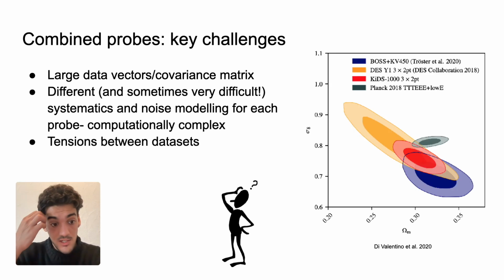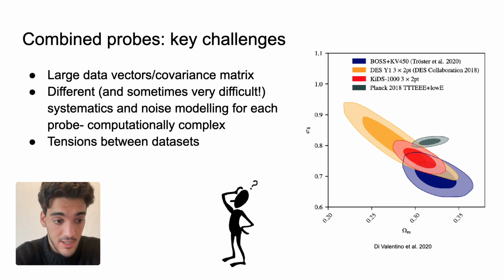So what are the key challenges involved in performing a combined probes analysis? One of the main drawbacks of combined probes is that it complicates the analysis quite a lot because you have to include a lot of different data sets and modeling in your analysis.